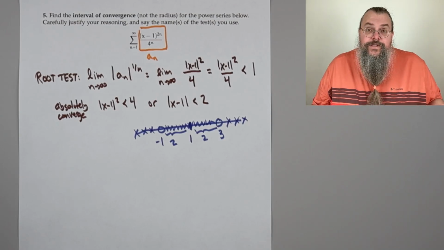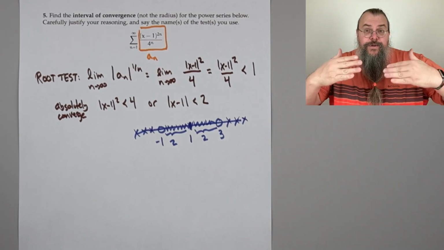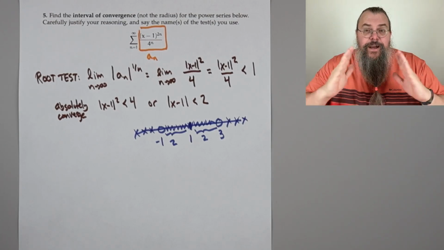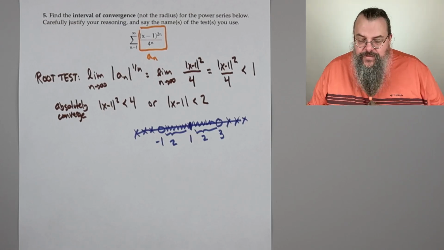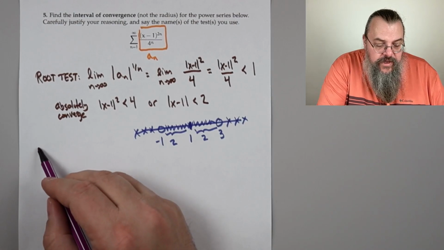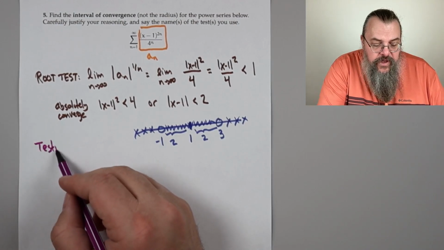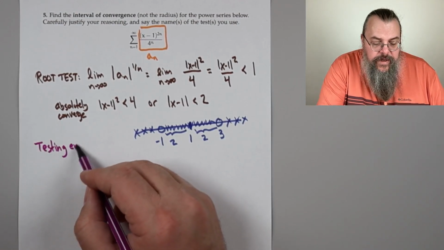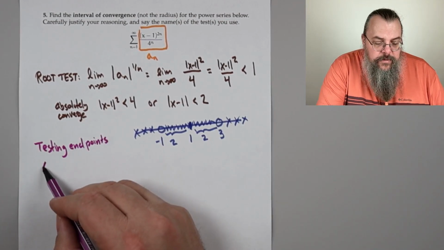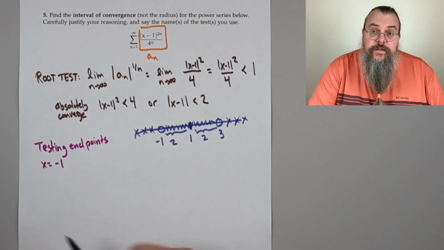So in some sense, the first step is pretty quick, right? Apply a root test or ratio test, and we're going to get everything except the endpoints. Now we do the endpoints one at a time. So testing endpoints, 2 endpoints, so we have to do this twice. So let's start with x equals negative 1.